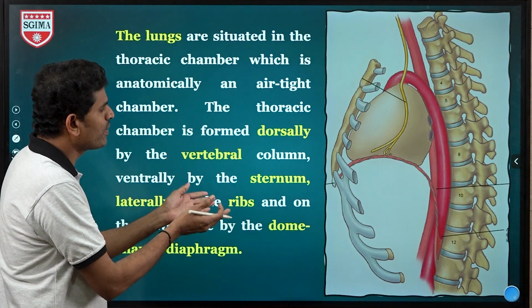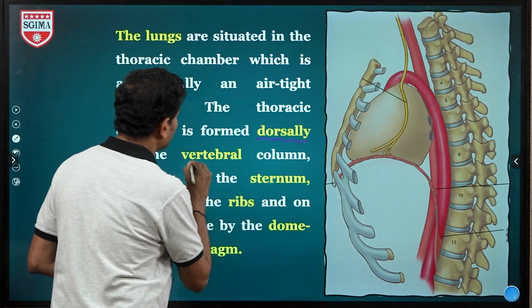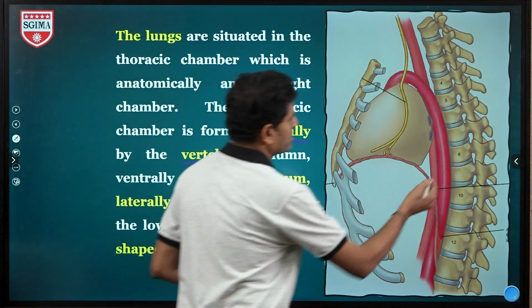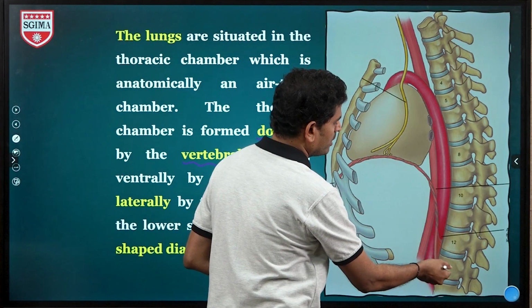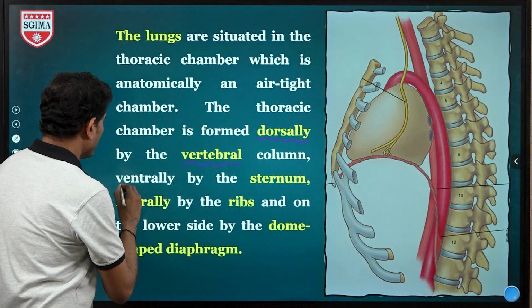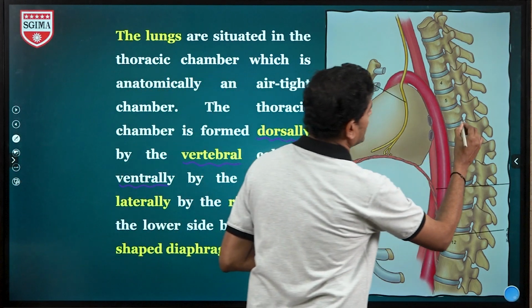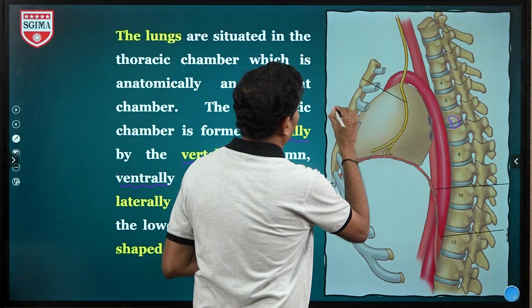How is the thoracic chamber formed? Dorsally by the vertebral column. On the dorsal side it is the vertebral column, the thoracic vertebrae here. Ventrally, the sternum is there. This is the dorsal side and this is the ventral side.